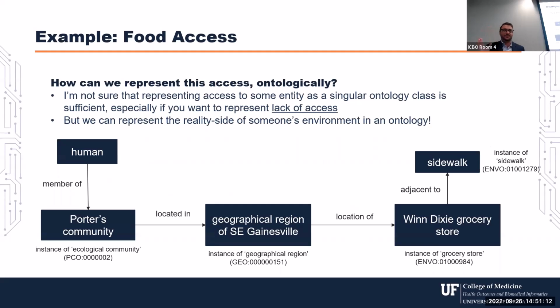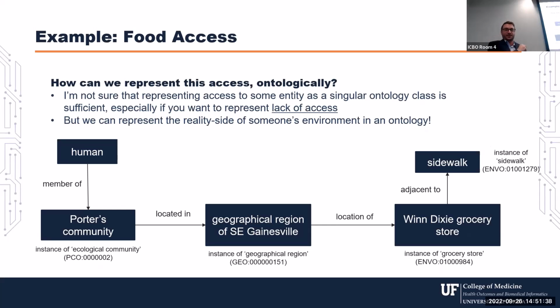And I've gone away from that idea, just because of the complexity of access. I do think, however, we can represent the reality side of someone's environment in an ontology, and that can be used to identify whether or not they have access or inaccess to food.